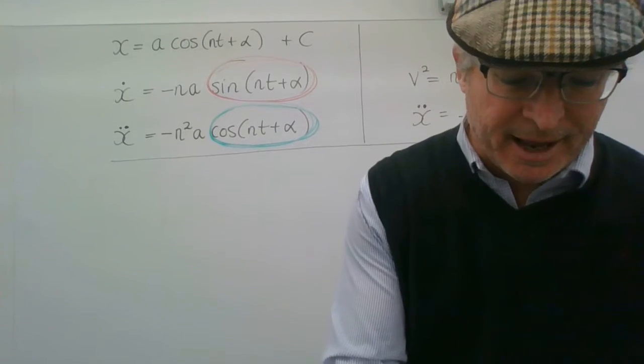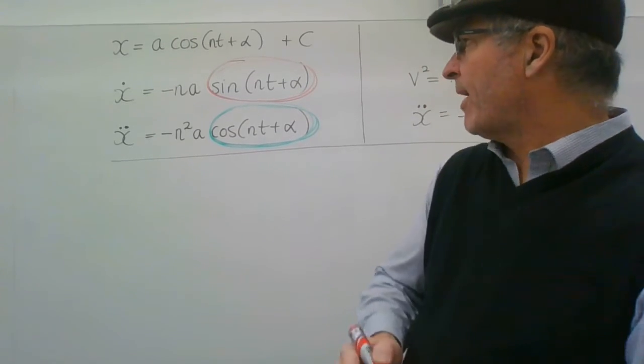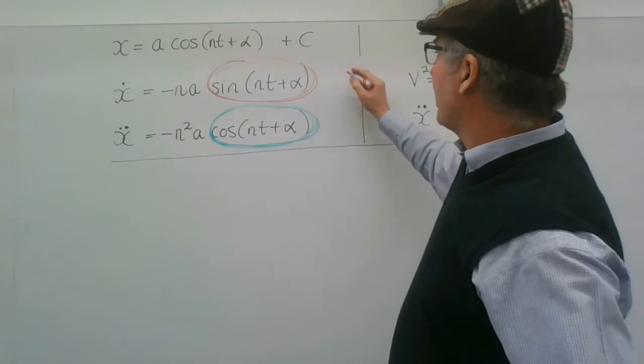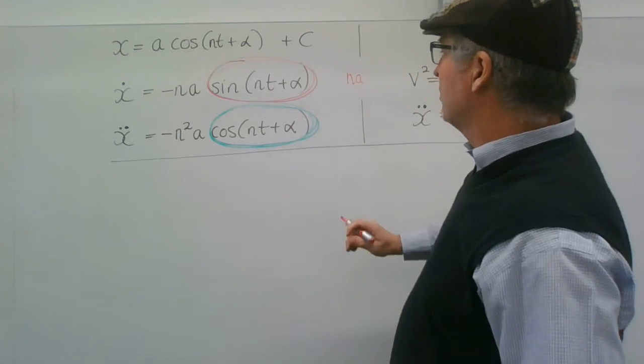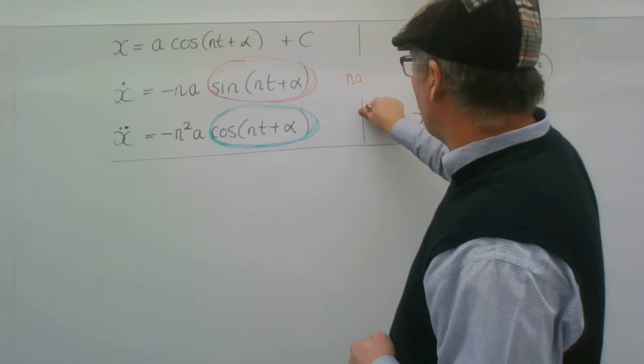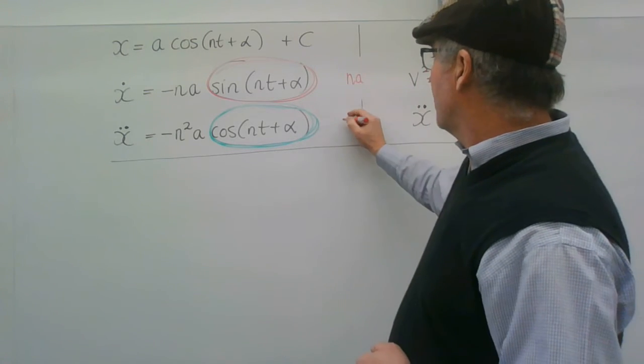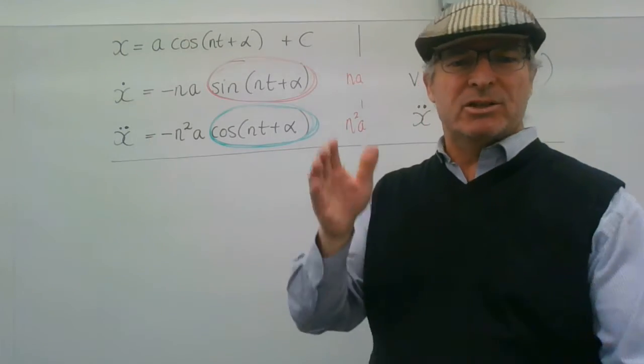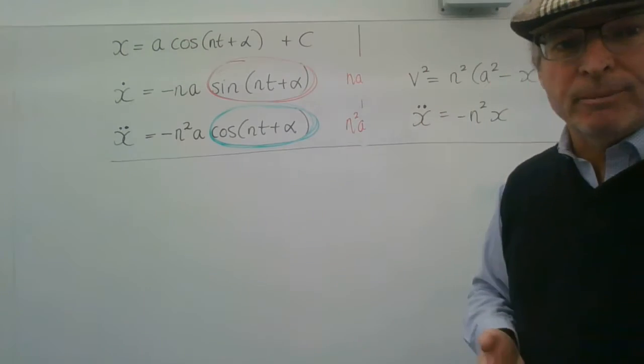I'll just write down what I've found that the maximum is here. I reckon the maximum is nA for the velocity, and I reckon that the maximum is n squared a for the acceleration. Just take the absolute value as well if you want to.